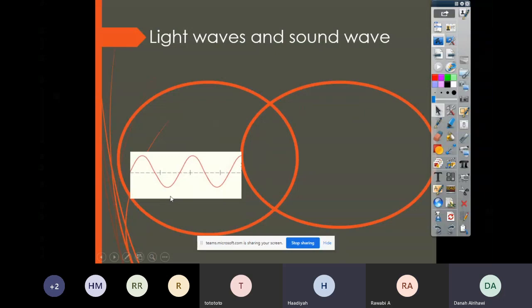Transverse, because the energy moves in opposite directions, one up and the other down, up and down. And do you know, does this represent the light waves or the sound waves? This one, the light or the sound?